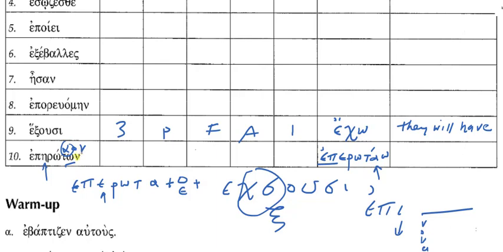Now, which imperfect personal ending are we looking at when we have omicron nu? There's two possibilities, right? So first singular or third plural of the imperfect active indicative, right? So how might I translate this?